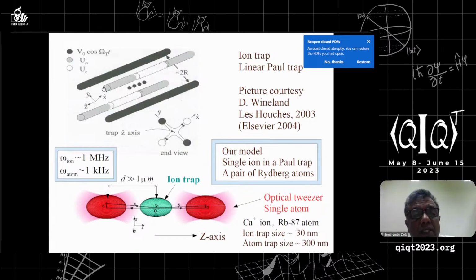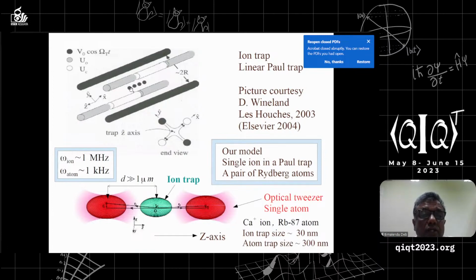So this way, in the Paul trap, one can make a trap one-dimensional or quasi-one-dimensional. Even quasi-two-dimensional is possible. This is the side view of a trap, and this is the z-axis.